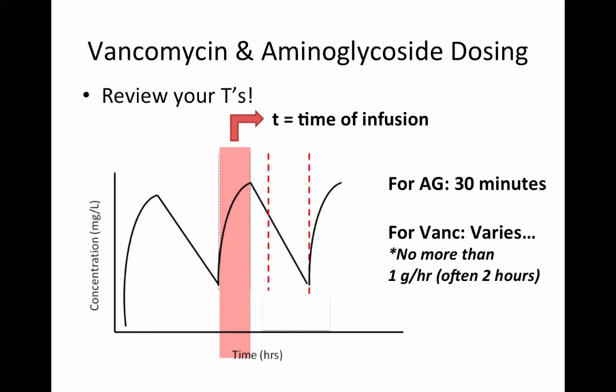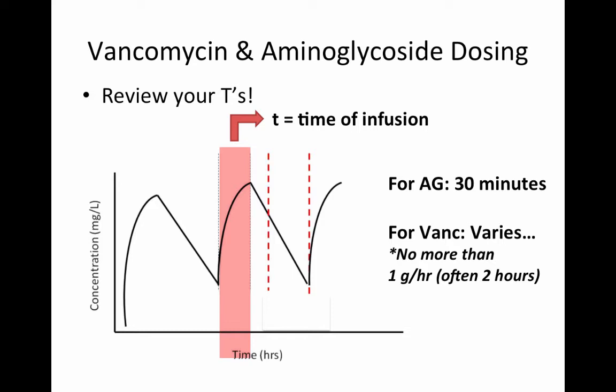And keep in mind that the time of infusion for aminoglycosides and vancomycin are different. For aminoglycosides, we see that the infusion time is about 30 minutes, and that's pretty standard. But for vancomycin, this does vary. Oftentimes, it's going to be 2 hours. Many hospitals would do a blanket of 2 hours for the infusion.